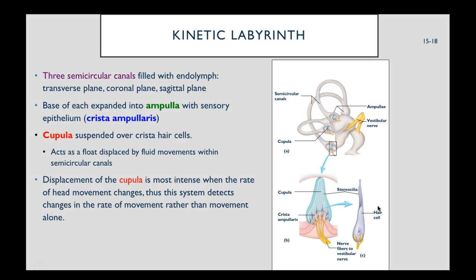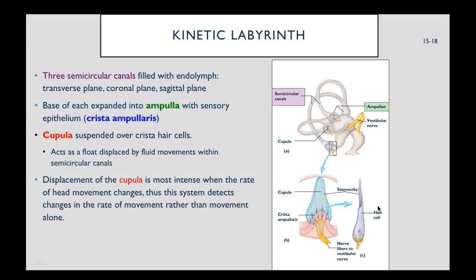So now let's talk about our kinetic labyrinth. We have our three semicircular canals that are filled with endolymph. We have our anterior, posterior, and lateral portions of our semicircular canals, and they are placed within our transverse plane, coronal plane, and sagittal plane. At the base of each of these are expansions called ampulla, and this has sensory epithelium.